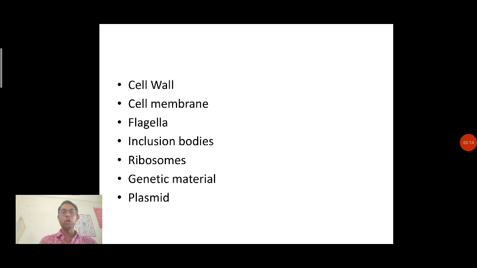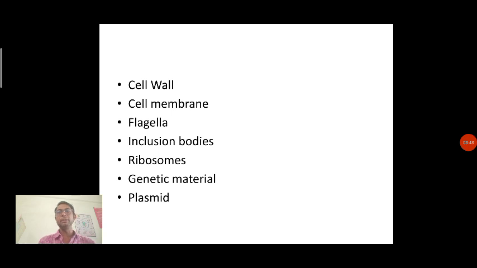Followed by the cell wall, internal to it there is a cell membrane, and in some bacteria there will be flagella, which we call a locomotory organ. So for locomotion from one place to another, flagella is present. In some organisms flagellum is single, or in some a biflagellated structure is there. So depending on the number of flagella, the bacterial cell differs.